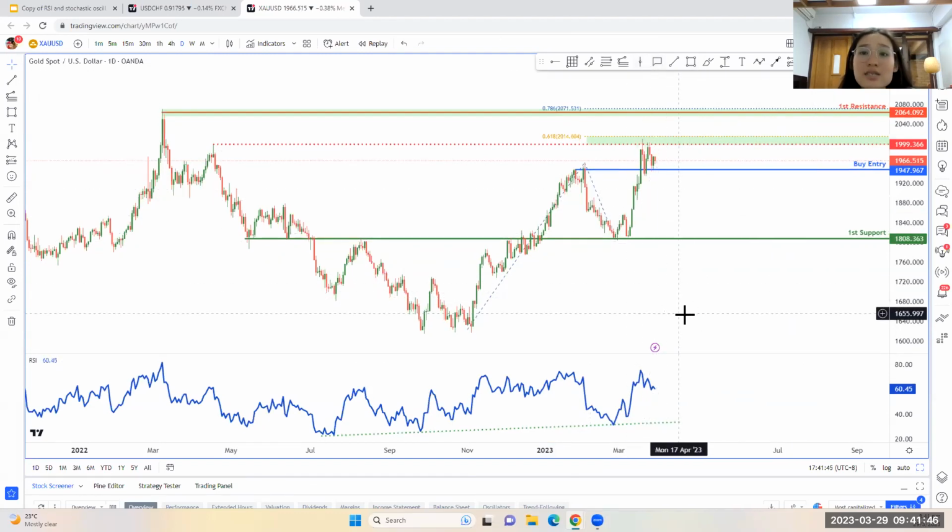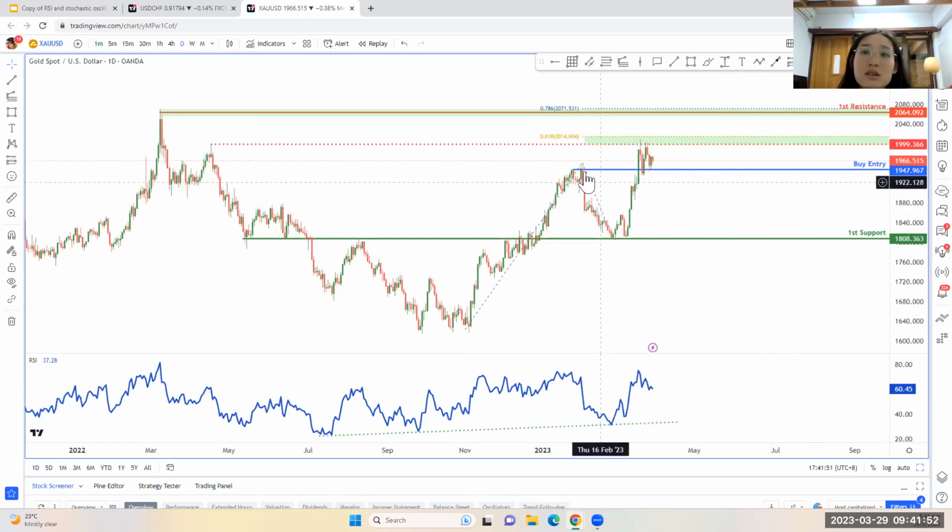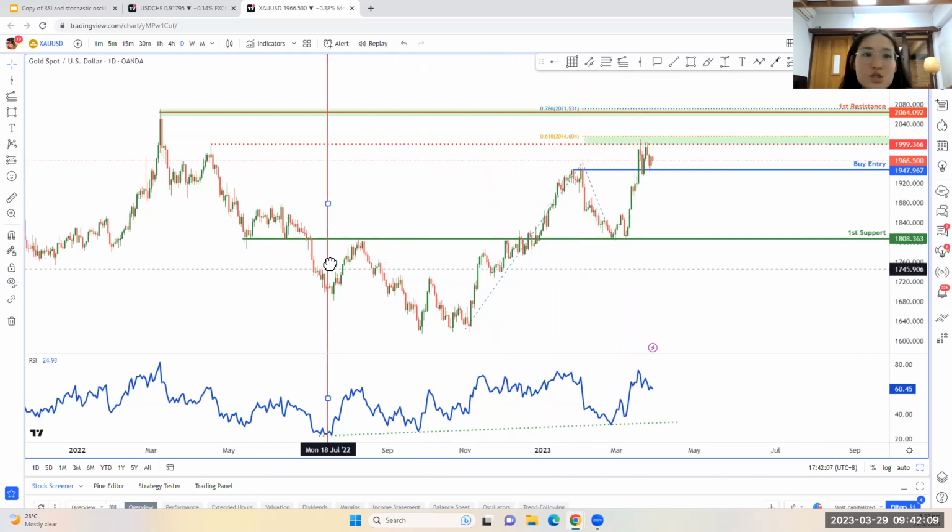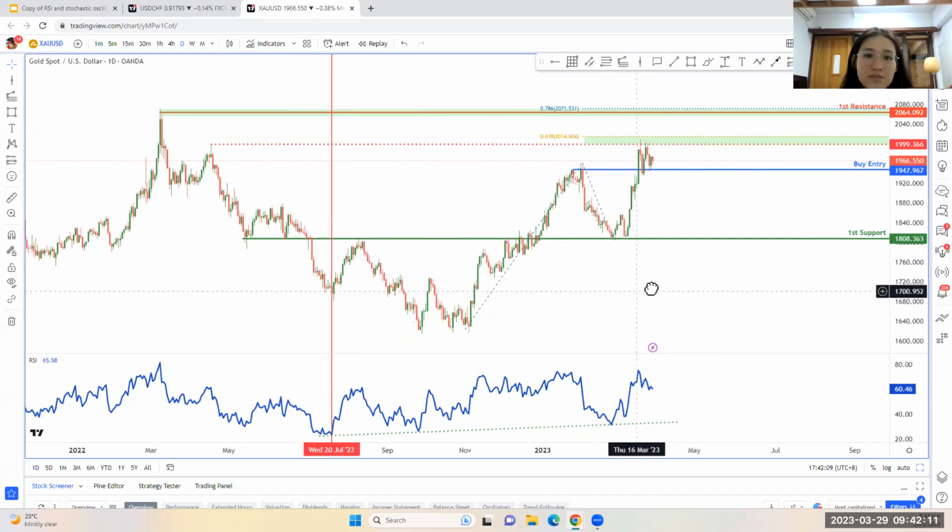So I'm going to highlight some areas where there are significant divergence points. How you take note, you can use a vertical line to see different areas and see whether the price makes a higher high or lower low. So for example, over here.